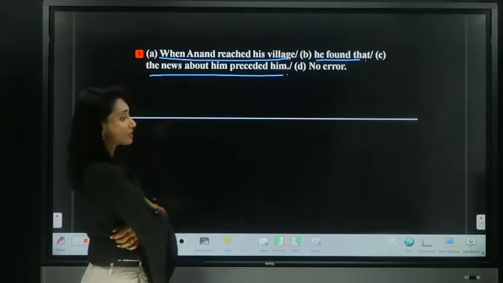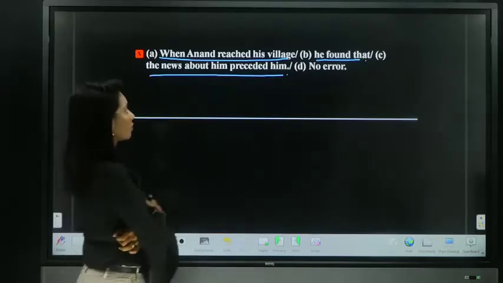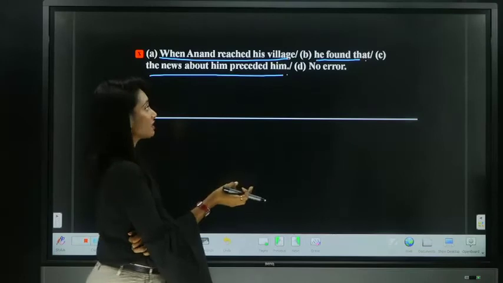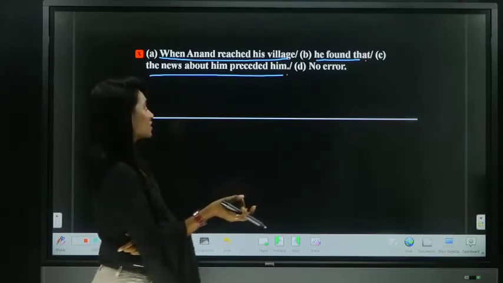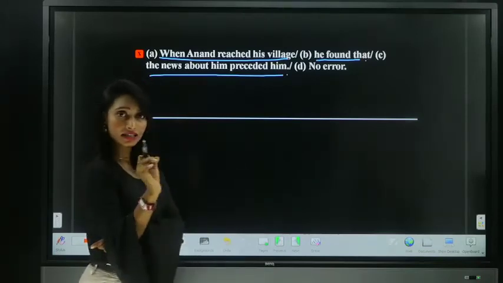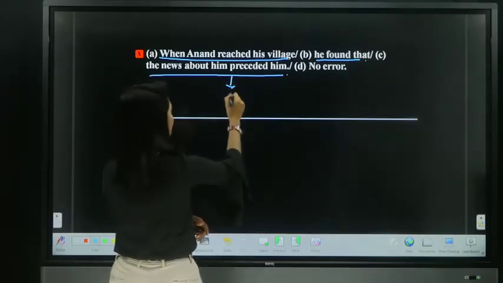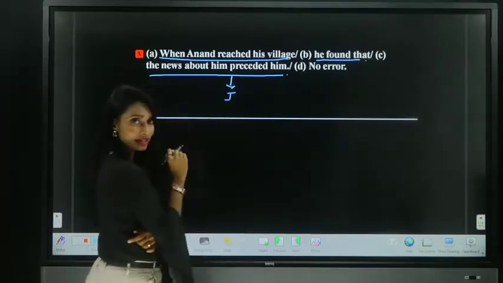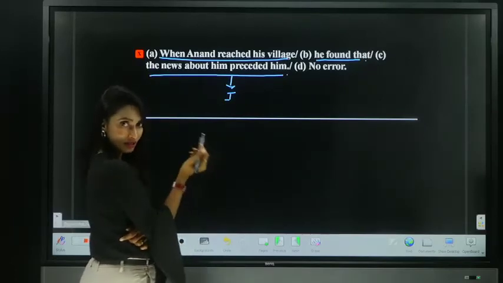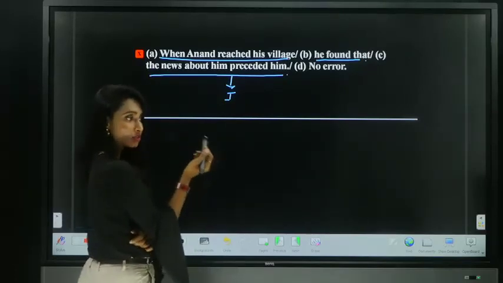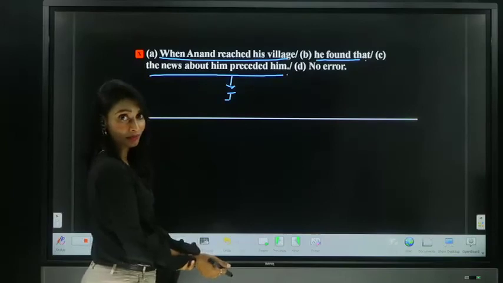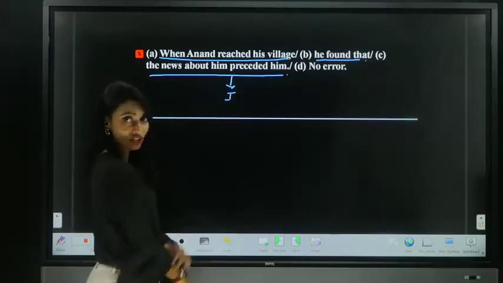Which is the first action, reaching, finding, or the news preceding him? No doubt, news preceding him is the first action. After that only he found and he reached. So news reached before him. That means the first action is news reaching.